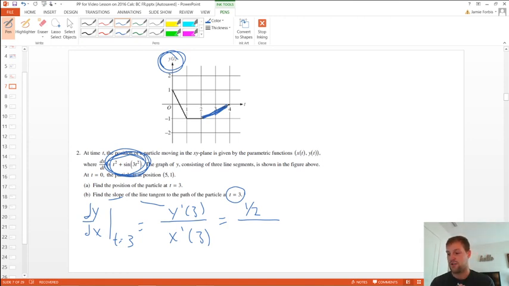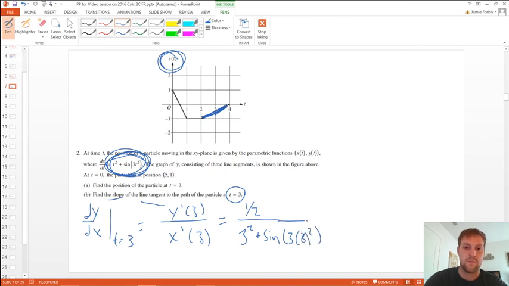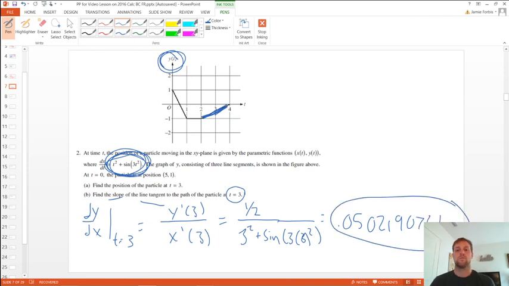It's giving me the rate of change. All I did there was 3 squared plus sine of 3 times 3 squared. In my calculator, if I do that out, I get the final answer of 0.0502190761, or just 0.05.